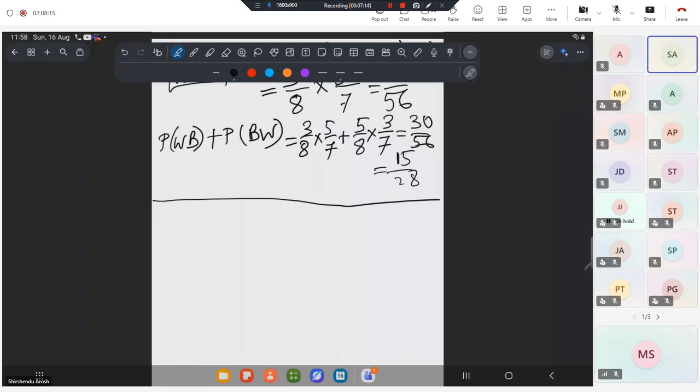Let's go a little bit deeper, more complicated in terms of this kind of problem. So let's say there is a 50-50 chance that a firm A bids for a job.